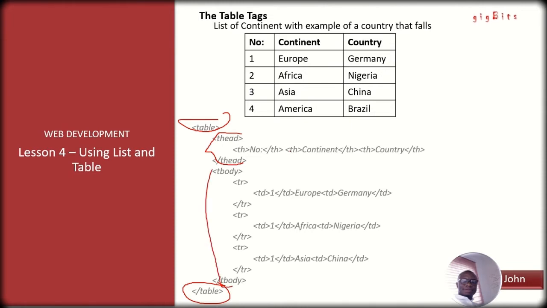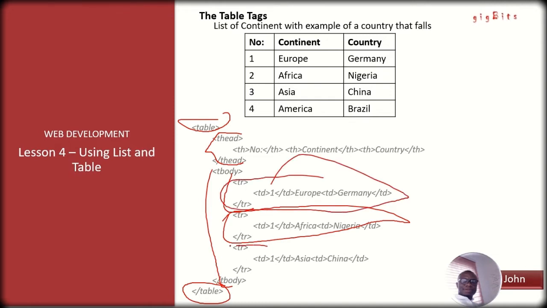Within the header is where we have the number, the continent, and the country. Then we have rows here, this one row and this one row and this one row, exactly as at the top.